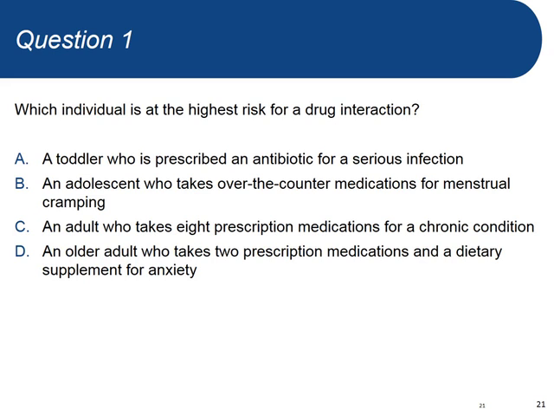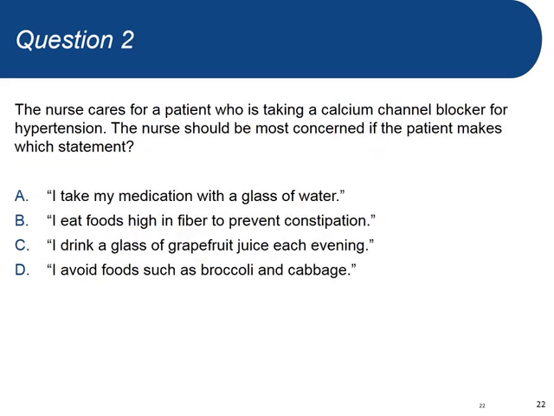So patient C probably is at the highest risk, although if, for patient D, that patient was on 2 prescription medications and a dietary supplement for anxiety, but then you told me that one of the patient's conditions was AFib and he was on warfarin. Well, warfarin interacts with a lot of drugs. So it's always going to come back to what that interacting drug is. But just generally speaking, the more drugs you're on, the higher risk you have for drug interactions.